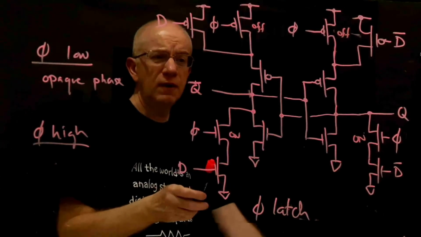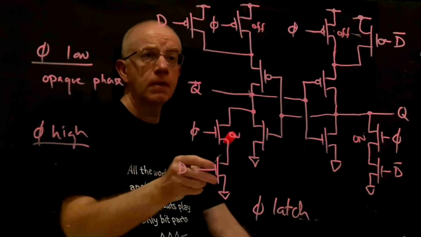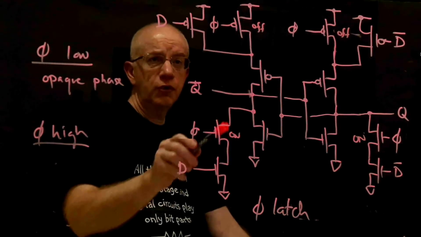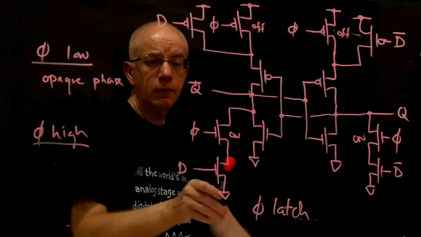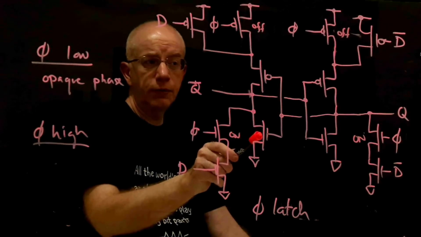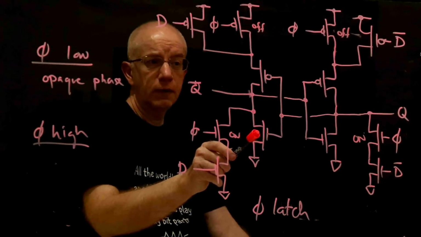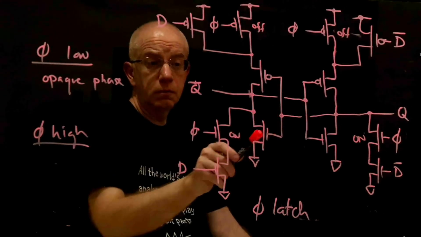And what we have effectively, if you think about it, if you imagine this is like a short circuit and this is like an open circuit, you've got the D transistor in parallel with the feedback from Q, right?